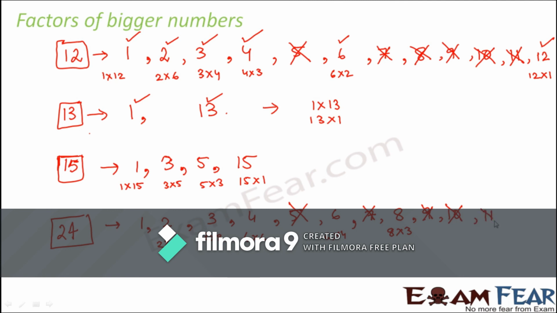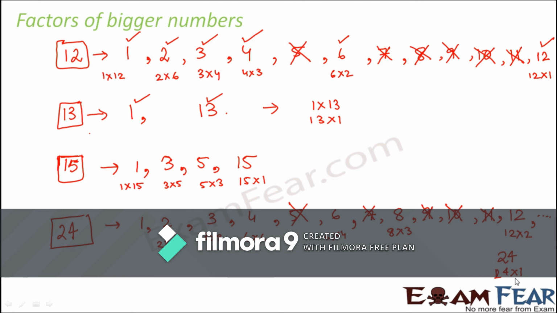No. 11, no. 12, yes, 12 again is a factor because 12 into 2 is 24, and after 12 none of the numbers are factors until 24 itself, which is a factor because 24 into 1 is 24.